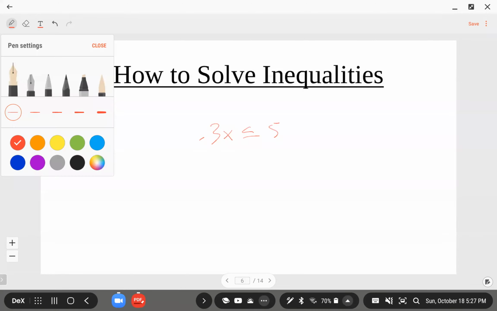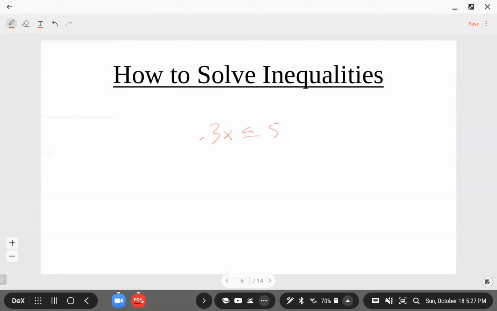There's a thing in inequalities, and be sure to remember this, because if you get this wrong, then the whole problem will be wrong. This rule is: whenever you divide by a negative, change your sign. So x is greater than or equal to -5/3.